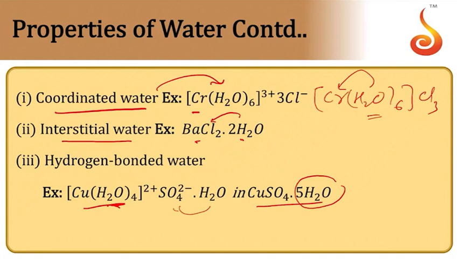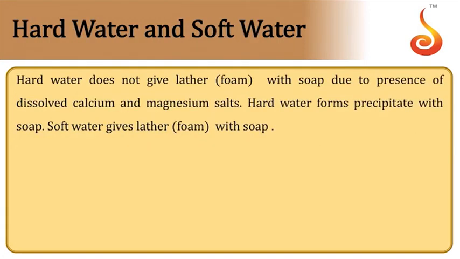Therefore, when salts are crystallized we get hydrated salts of different types: coordinated water molecules, interstitial water molecules, or hydrogen bonded water molecules. Then hard water and soft water.